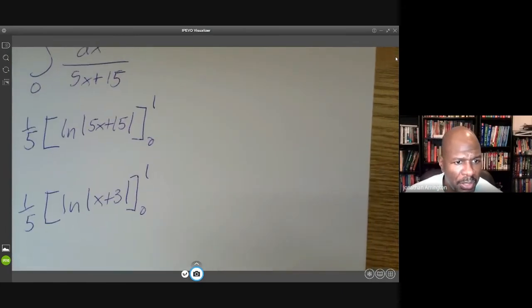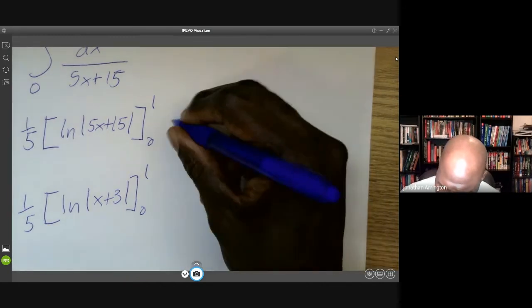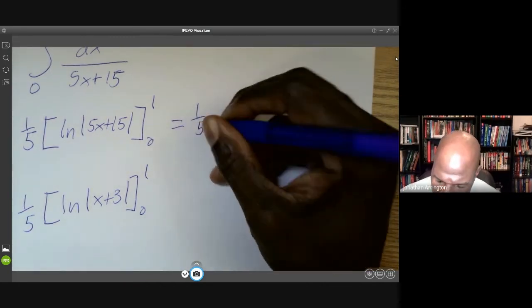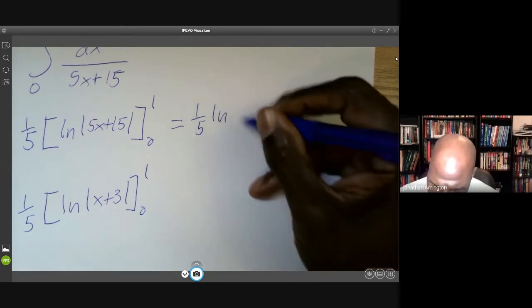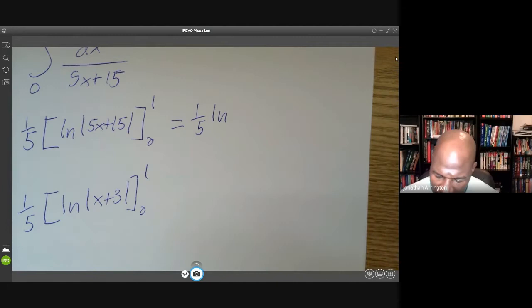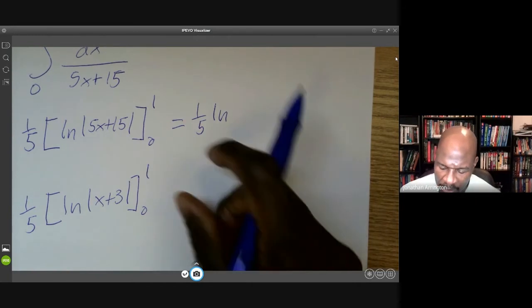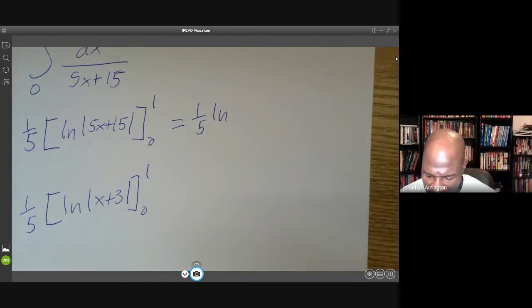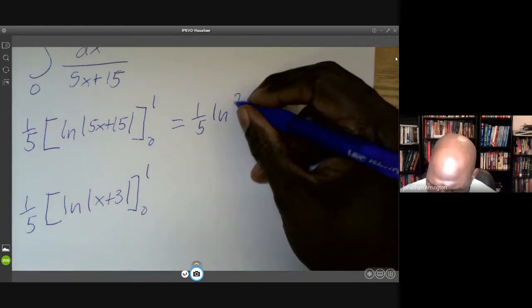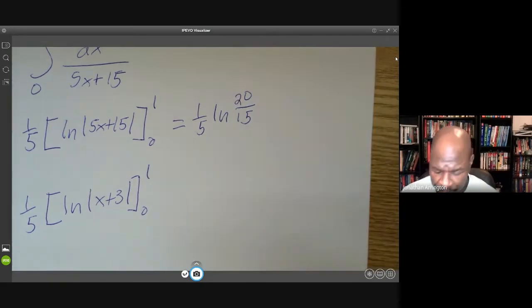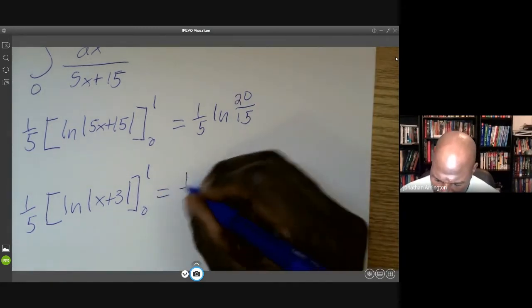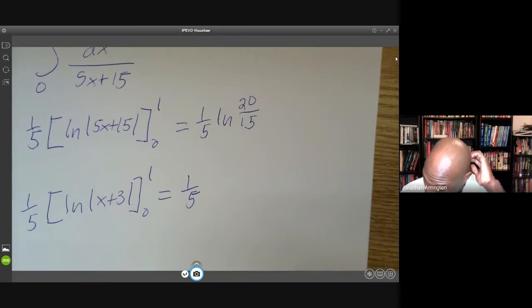So you may think there's no way in the world those could be the same. Well, let's look at it. Here we'll have 1/5 ln, and if I plug in 1 for x, I'll get 20, and if I plug in 0 for x, I'll get 15. Based off the first fundamental theorem of calculus, those will be subtracted, so it'll be ln 20 minus ln 15. We can write it simply as ln of 20 over 15. For the other, 1/5: if I plug in 1 for x, I'll get 4, and 0 for x, I'll get 3.